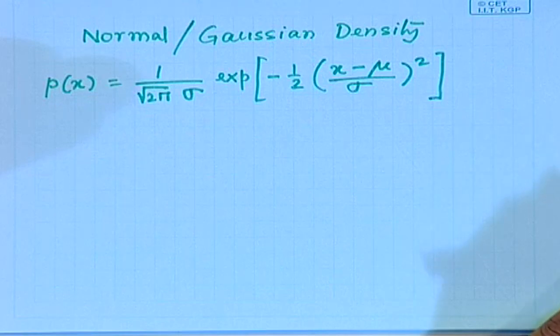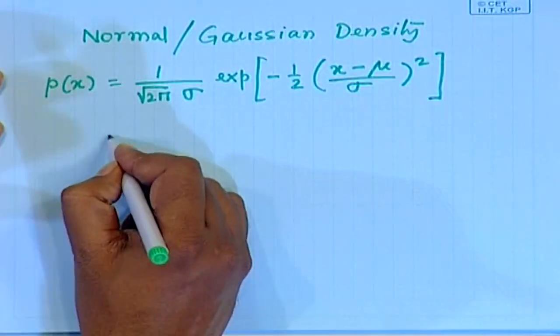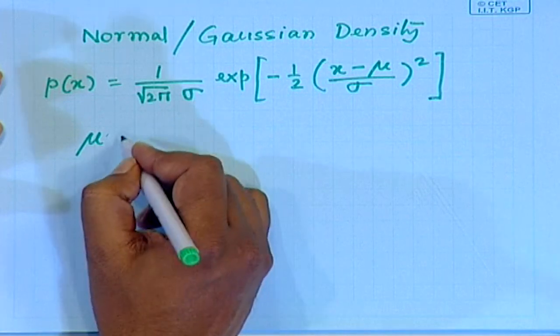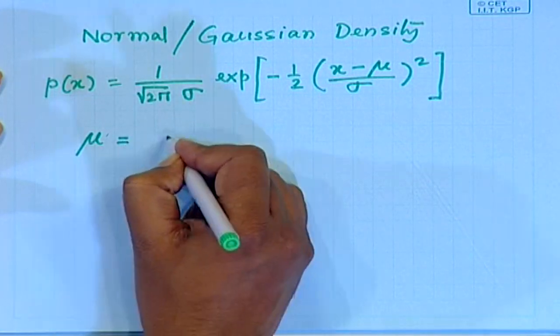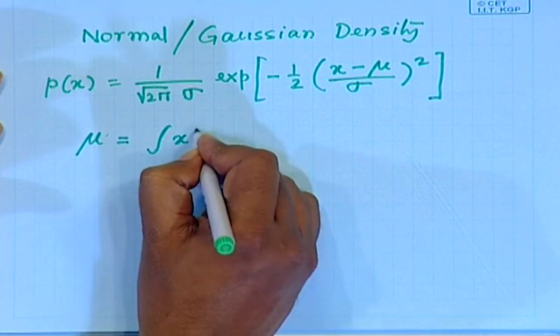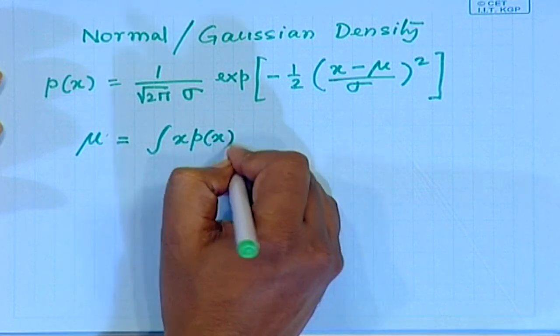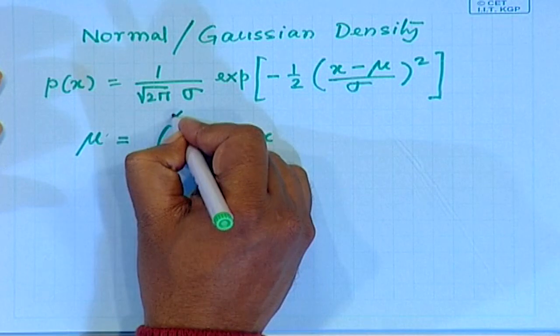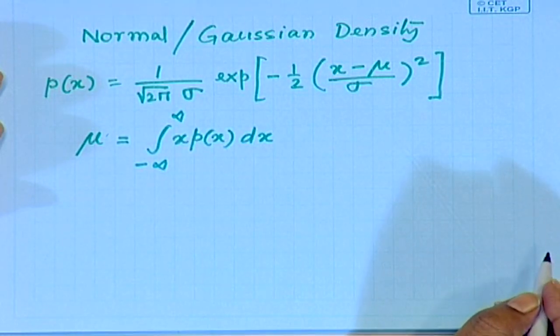So this is the expression for normal or Gaussian density, where mu is nothing but the expected value of x, or mean value of x, which is simply given as the integration of x p of x dx, where the integral has to be taken over the limit minus infinity to plus infinity.